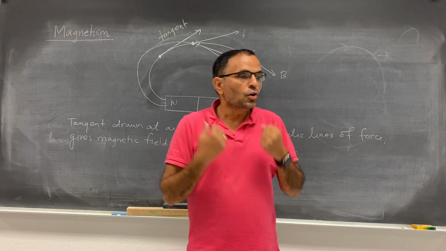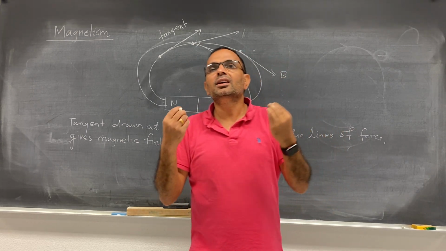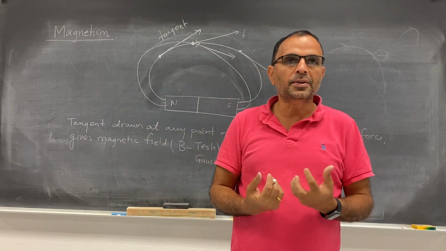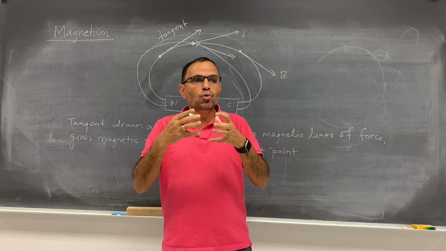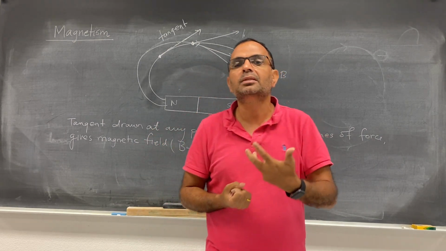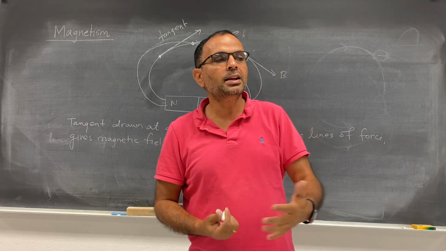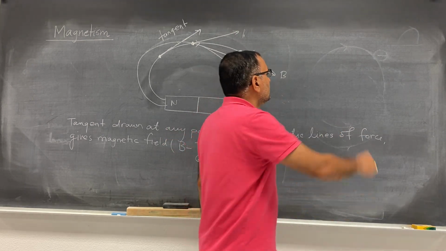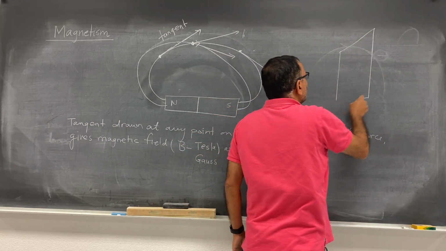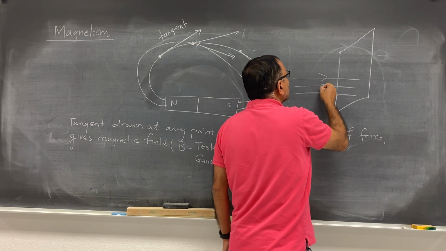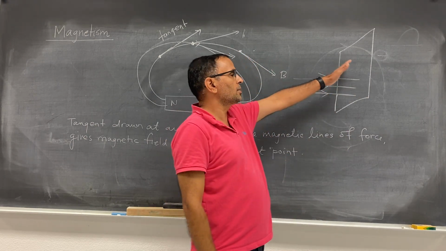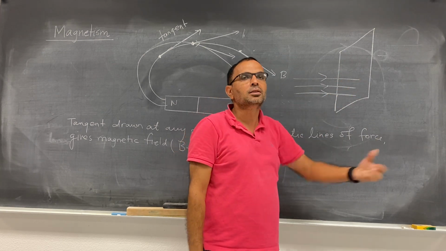The strength of the magnetic field depends on the magnetic lines of force. If you have more magnetic lines of force, we also call that magnetic flux. If you have a certain surface area, the number of magnetic lines of force passing perpendicularly through this surface area is called the magnetic flux.